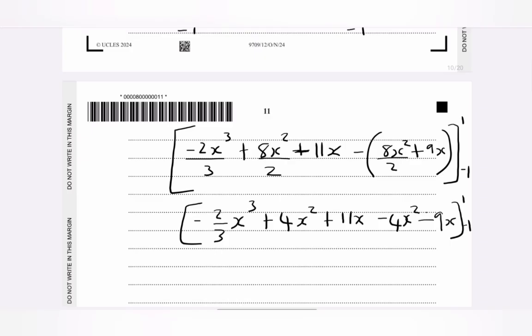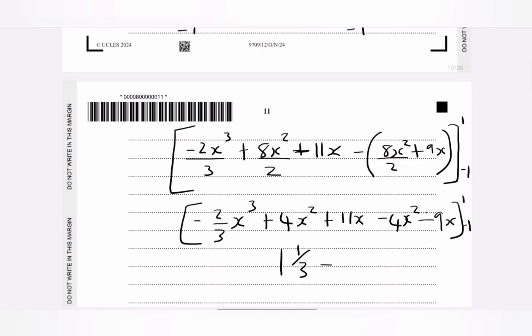So substituting 1 first, we get minus 2/3, and that's times 1, so plus 4 plus 11 minus 4 minus 9. That is giving us 1/3. We're going to subtract what we get after substituting minus 1. So substituting minus 1, there we get 2/3 is now positive.